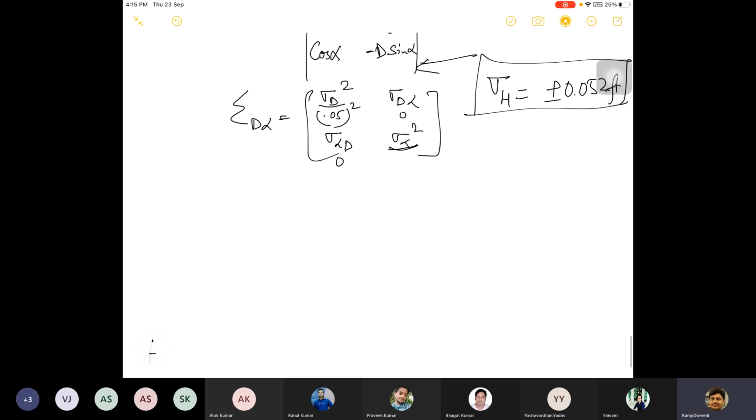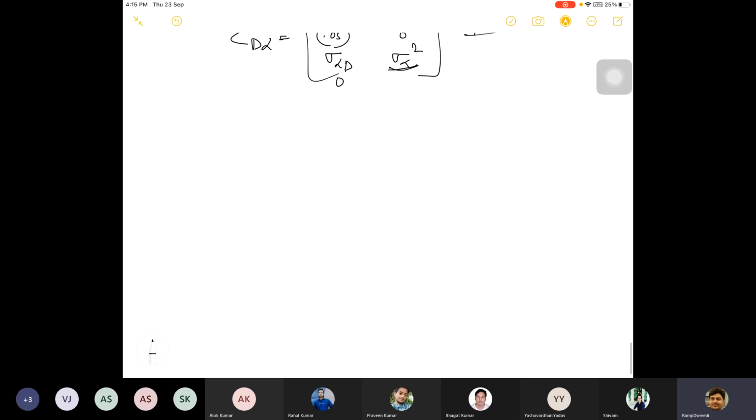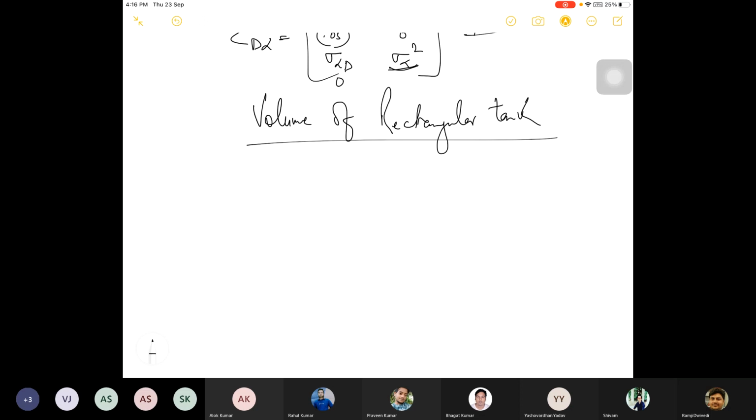Now I'm giving another problem and I will not explain in this much detail. You have to tell me the solution. You have to estimate the volume of a rectangular tank. Length is equal to 40 feet, width 20 feet, height 15 feet.